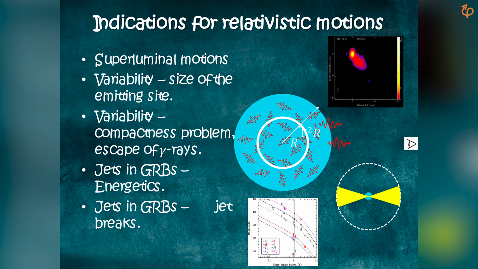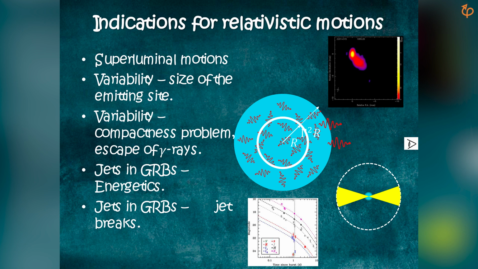And I showed you there is this notion known as the jet break, which happens because the beaming effect becomes weaker and weaker, and at some point I will be able to see the entire jet, and from that point on I expect to see a break. So all these considerations tell me that the jets that we see in gamma ray bursts and in AGNs are indeed relativistic.